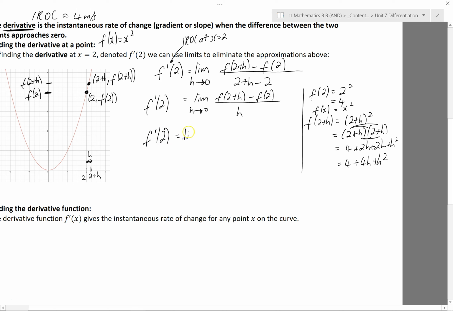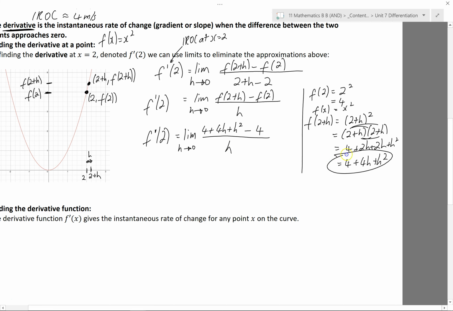So I still have the limit as h approaches 0. On the top line, f of 2 plus h, I've found that that is 4 plus 4h plus h squared. So in it goes here, 4 plus 4h plus h squared. And I need to minus f of 2, which is 4, or minus 4, all divided by h.